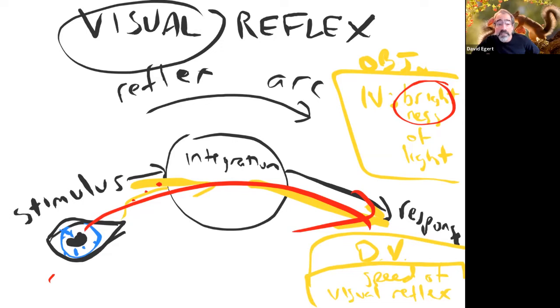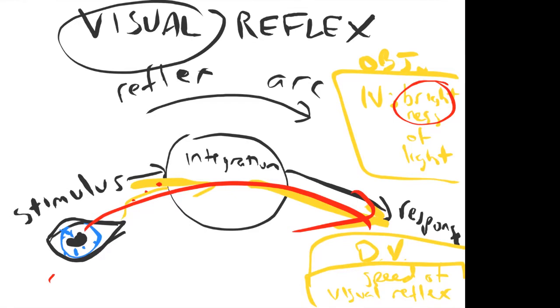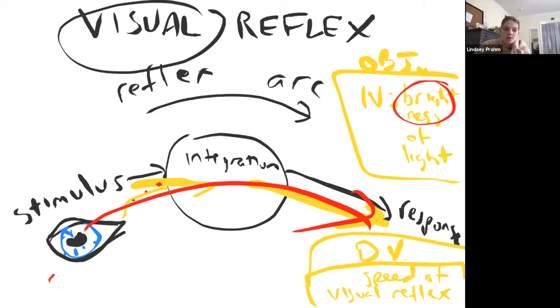What if I'm in dim light? What if the light is dim? There's less stimuli, so it'll take longer to elicit a response.